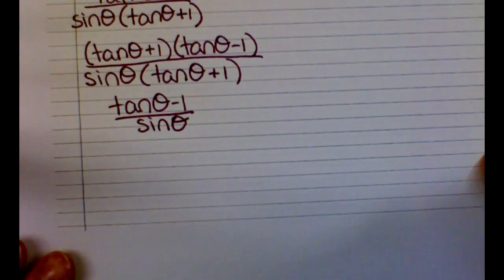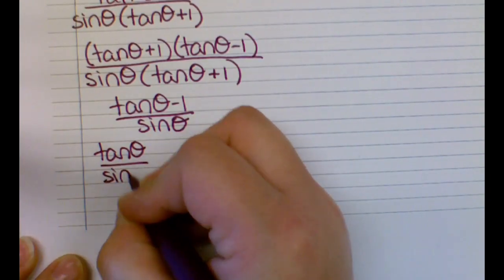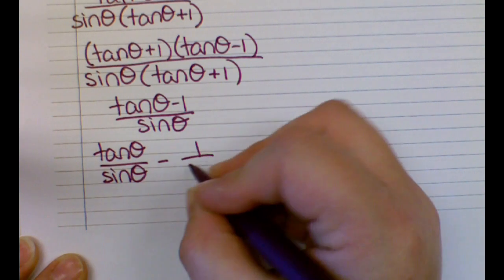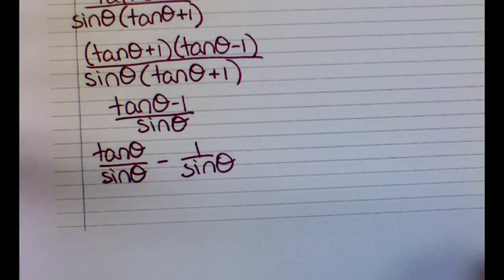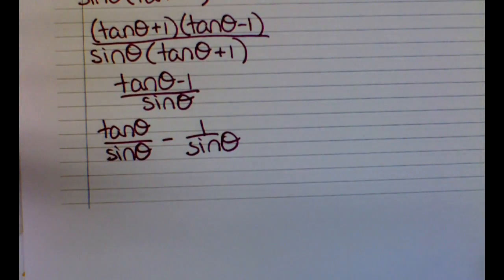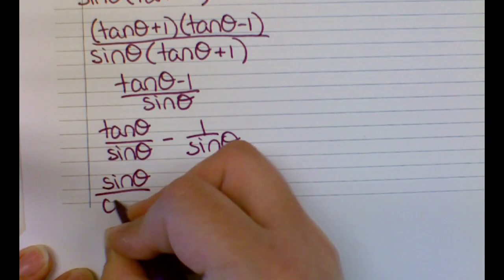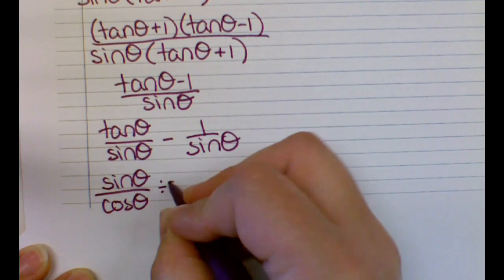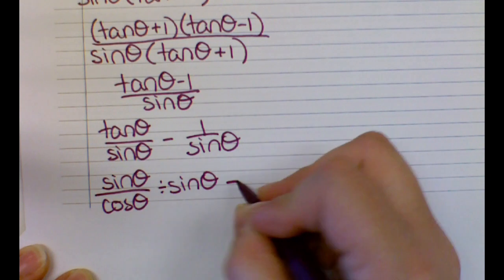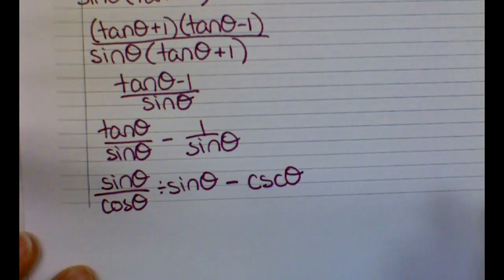Now I split this into two fractions: tangent of theta over sine of theta minus 1 over sine of theta. For tangent of theta over sine of theta, I'm pretty sure I've simplified that before, but remember it is sine of theta over cosine of theta divided by sine of theta. And 1 over sine of theta, I'm just going to change that to cosecant right away.